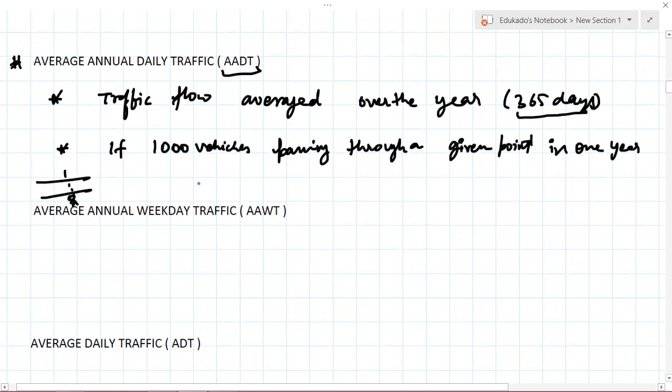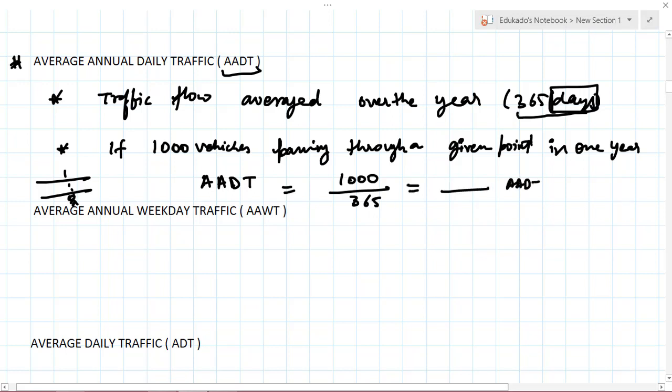Using this I can calculate that AADT, average annual daily traffic, will be the number of vehicles divided by time, that is 1 year, so 365 days. I will work it out with the days. Whatever value I get over here is the AADT, the average annual daily traffic.